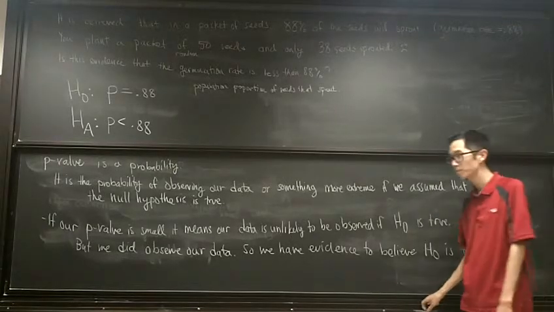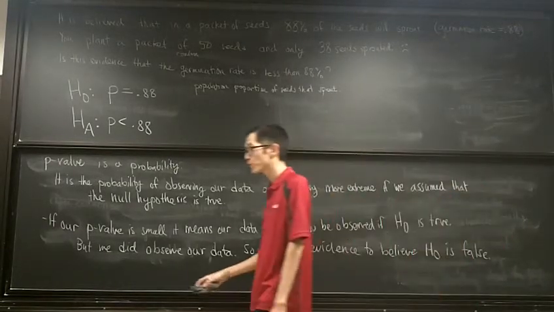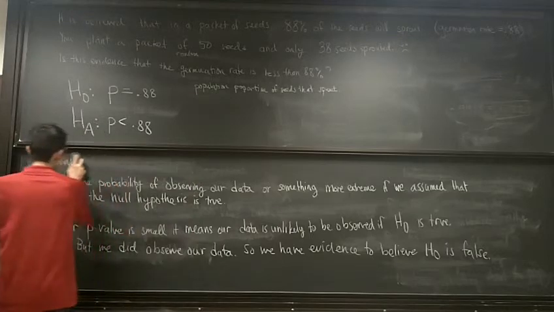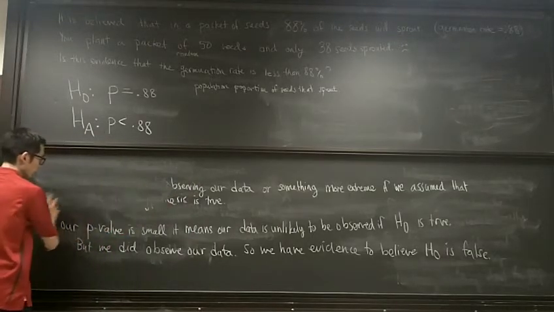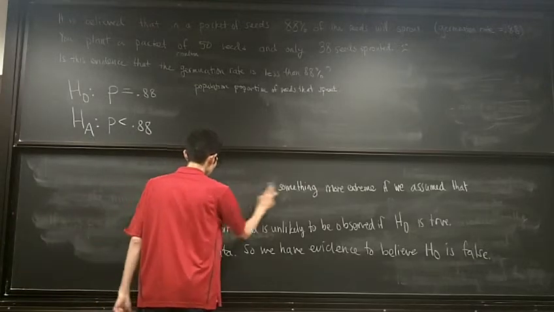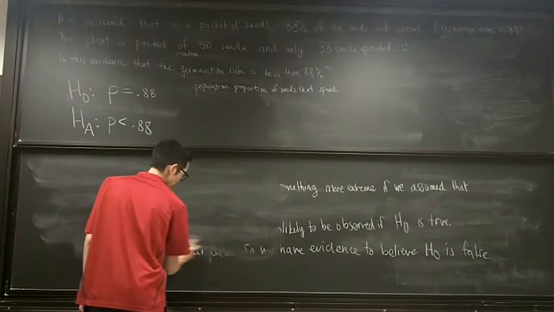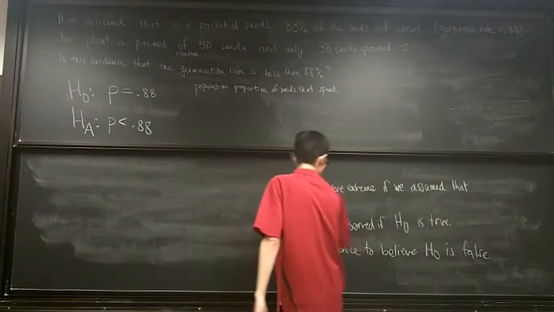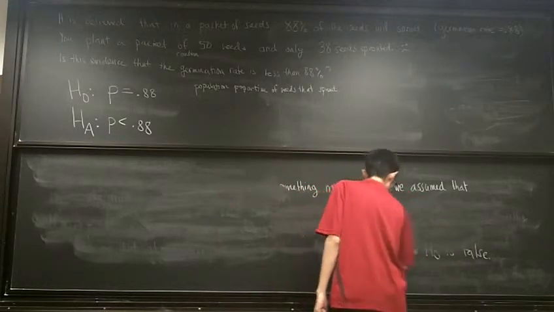Okay, so we want to search for the p-value. How do we find the p-value? Find the proportion of seeds that sprouted.